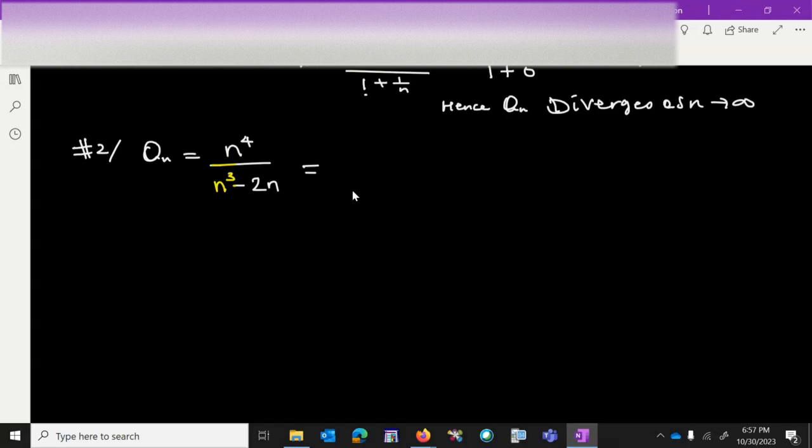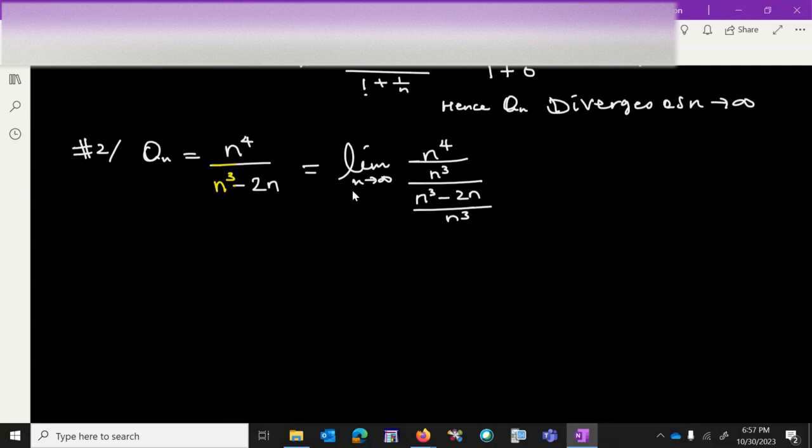This is going to be a limit expression. The limit as n approaches infinity of n to the power of 4 over n to the third minus 2n over n to the power of 3.